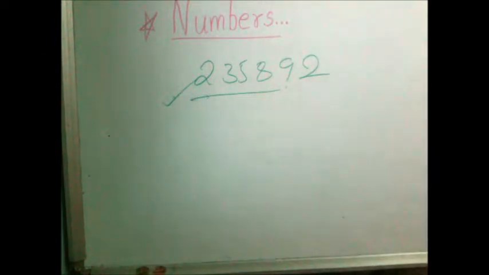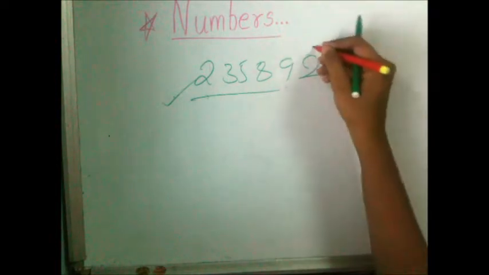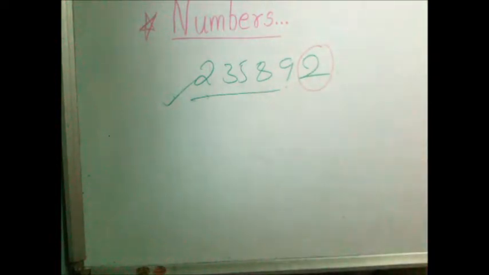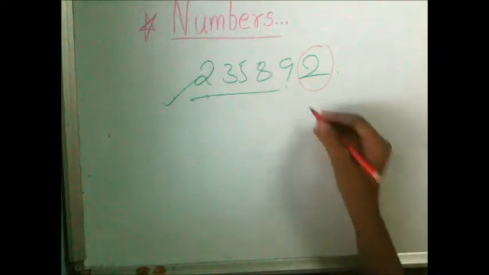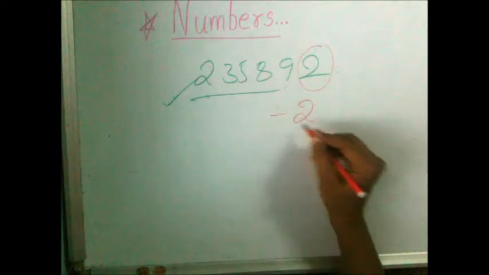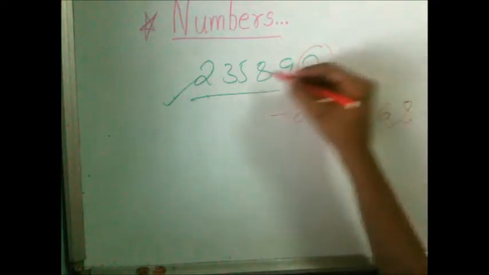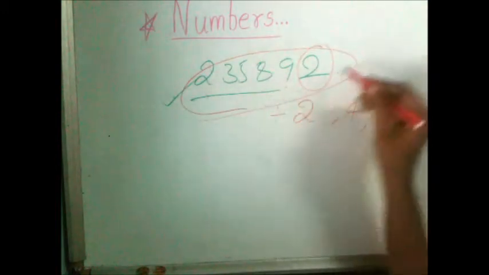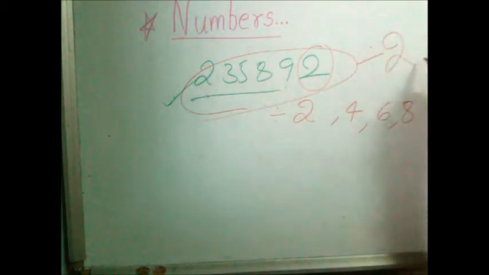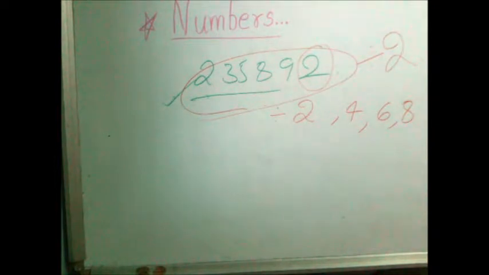If the units place is 2, 4, 6, 8 or 0, then the whole number is divisible by 2. This is the first divisibility test.